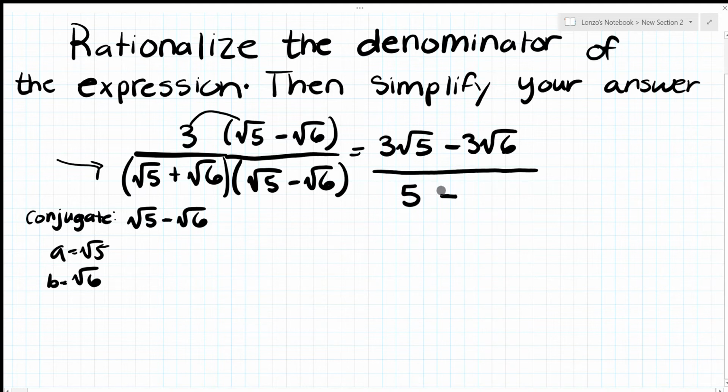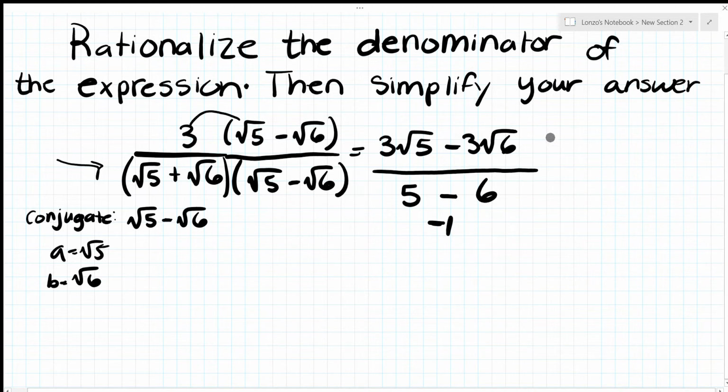So 5 minus, what is my b squared? b is square root of 6, and if you square that, that's just 6. We can't simplify the numerator, right? But we can fix the denominator. So 5 minus 6 is negative 1. So just put a negative 1 right here.